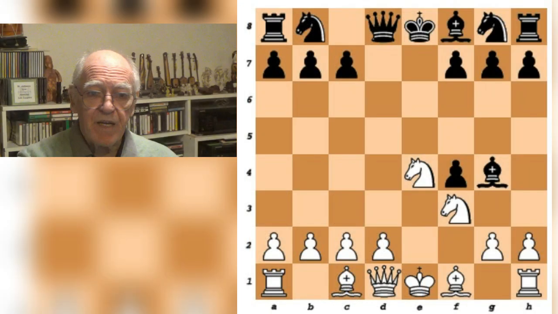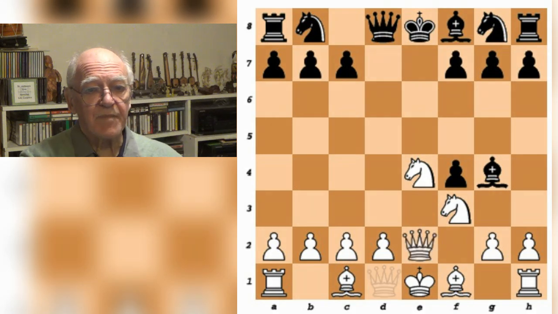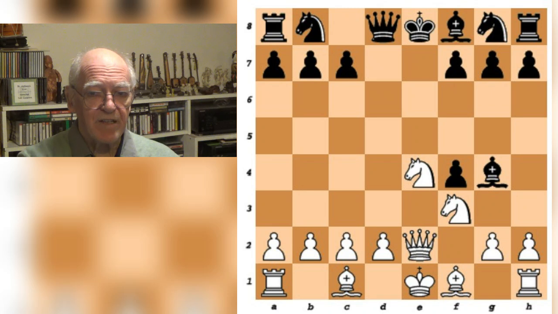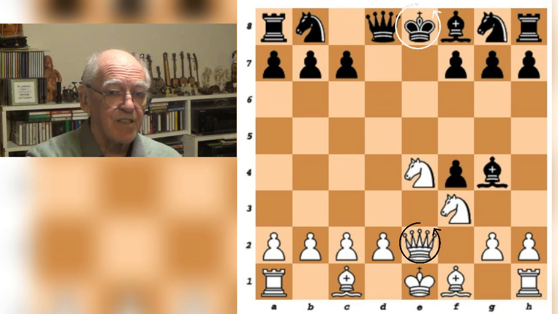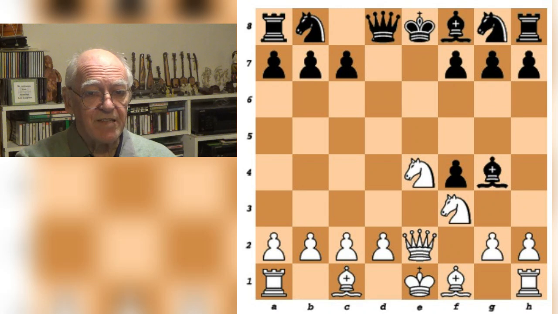However, white plays queen d1 to e2. And when we look at this position calmly, we see that the queen is again on the black king's line and that the king is not protected in any way. But black is busy with his attack.